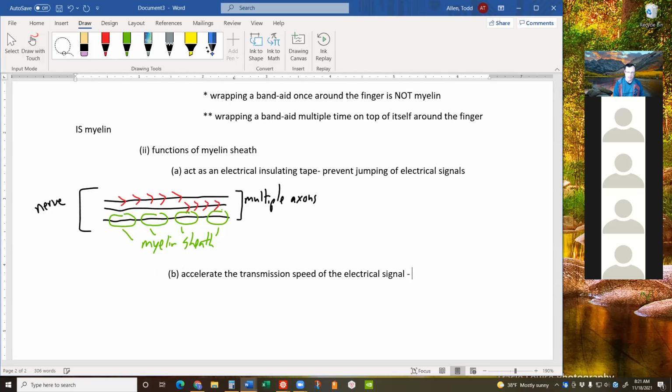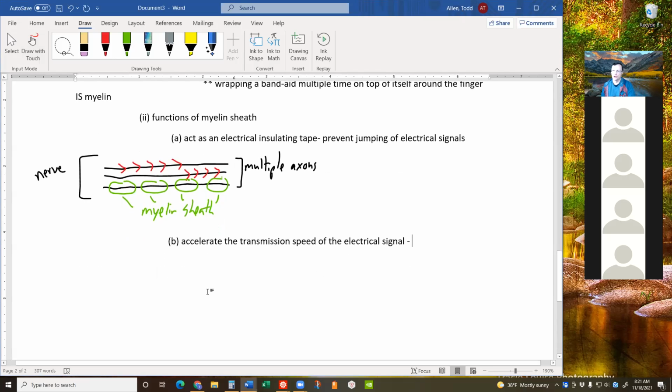Okay, this is a phenomenon called saltatory conduction. Okay, so I am quite sure if you did a YouTube search for saltatory conduction, you could find some useful videos on this. Some of the videos I might show you today might tickle you a little bit with the idea of saltatory conduction, although that's probably not the main goal of the videos I will show today.